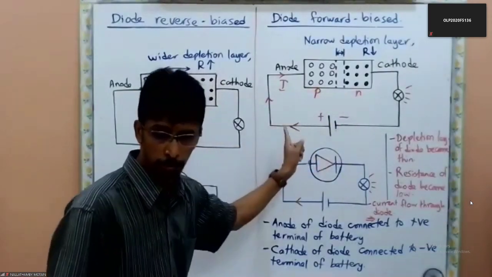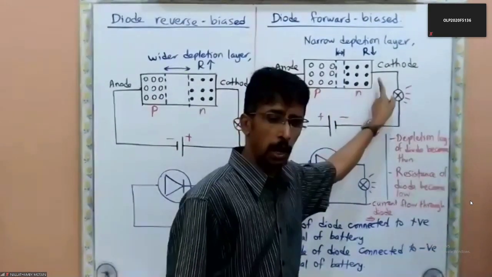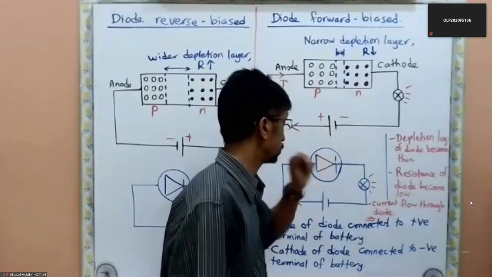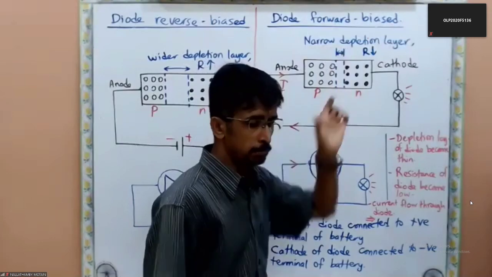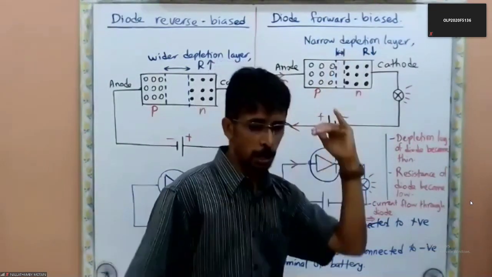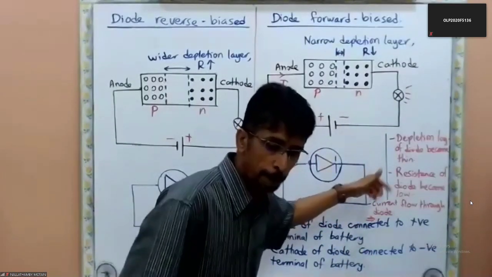Yeah, same. Okay, then the N-type semiconductor or cathode of diode connected to negative terminal of battery. Depletion area becomes thinner or narrow. Resistance of diode becomes low. Current flows through diode.